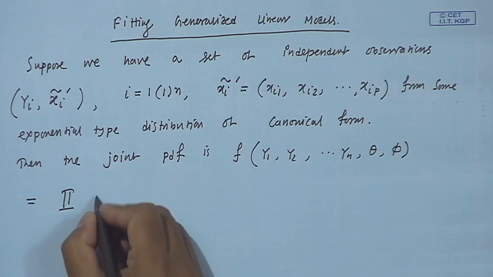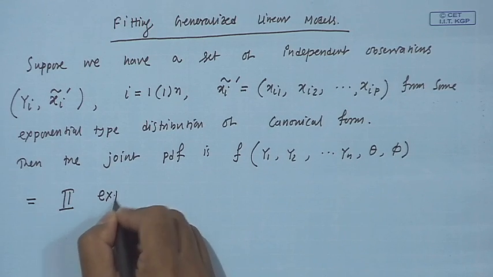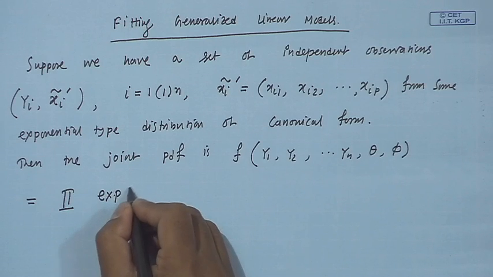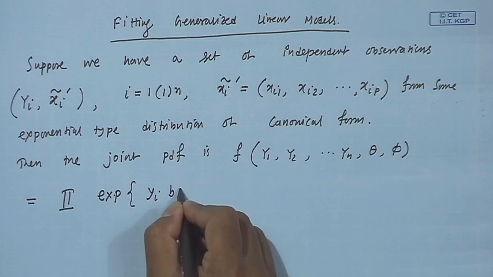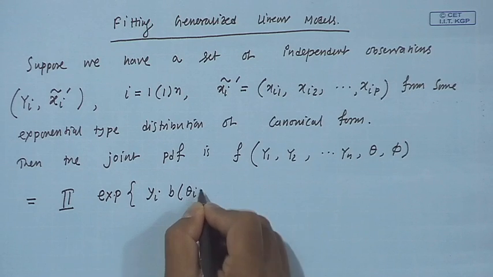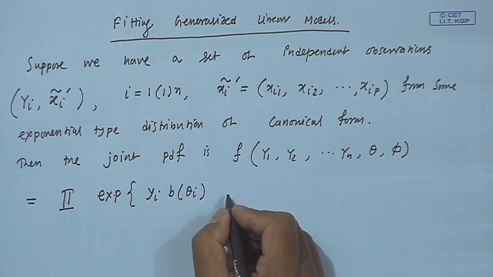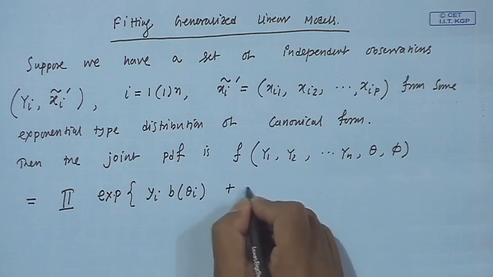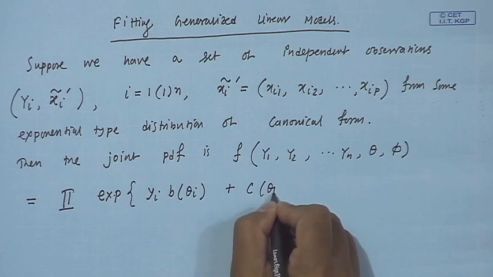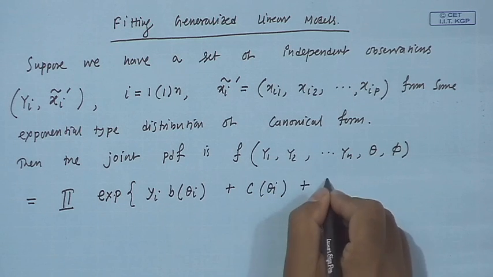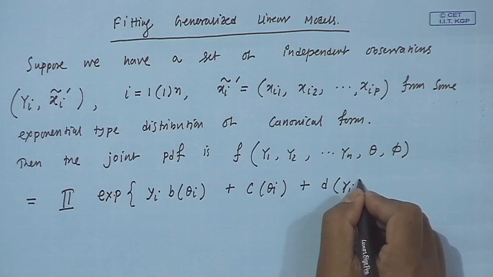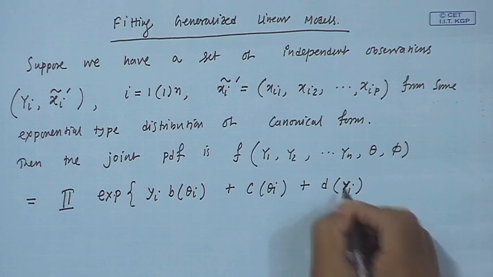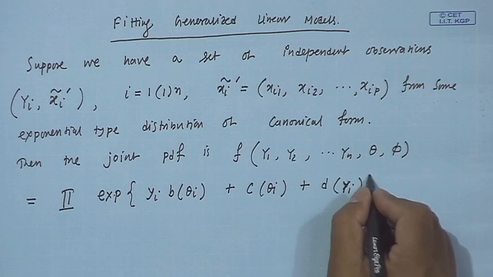The marginal PDF is exponential type, so the PDF is of this form: exponential of y i b(theta i) plus c(theta i) plus d(y i). Okay.